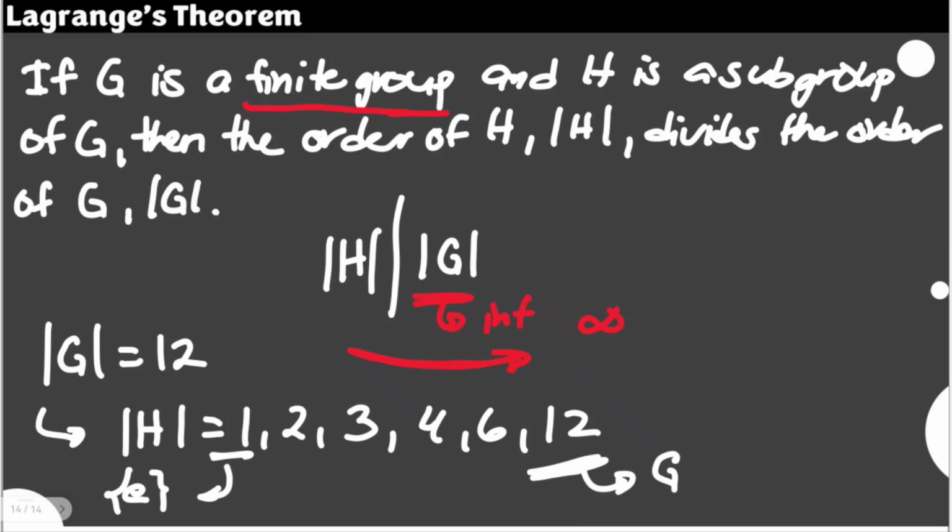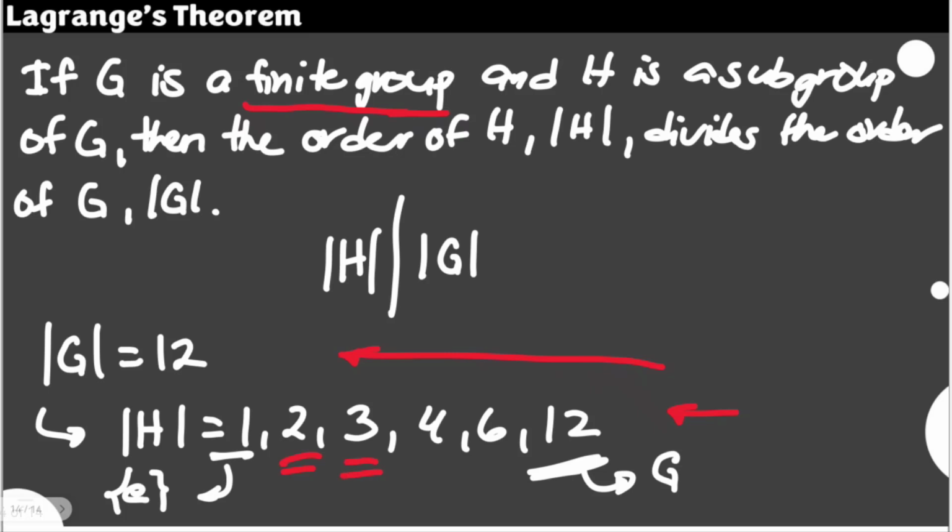Another caution is, if we use the Lagrange theorem, yes, it tells us that the orders of your possible subgroups are factors or divisors of the order of your group, but there is no assurance that you could always get a subgroup of this size.